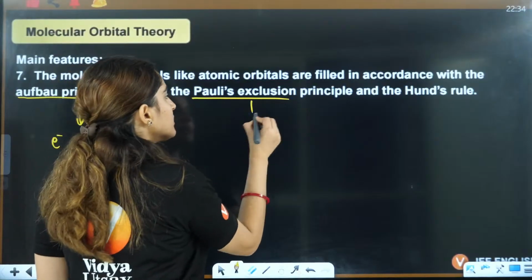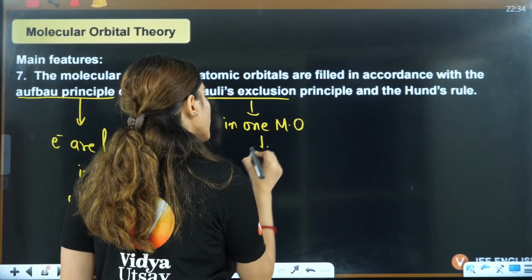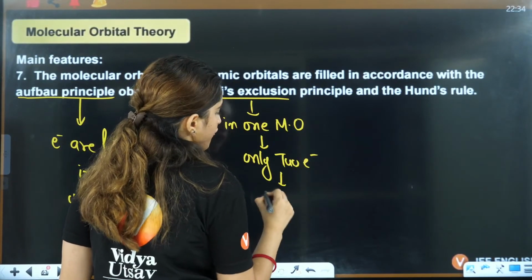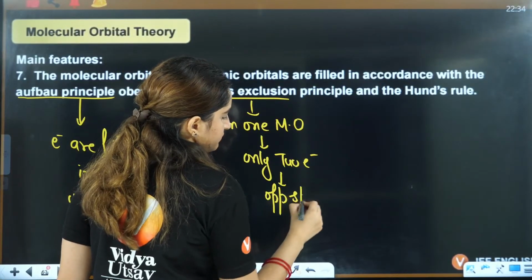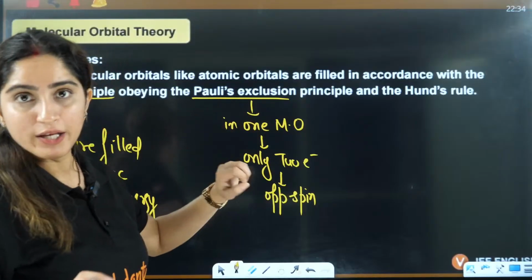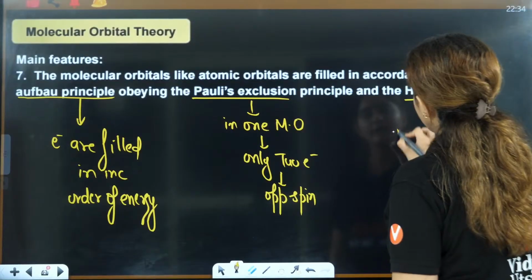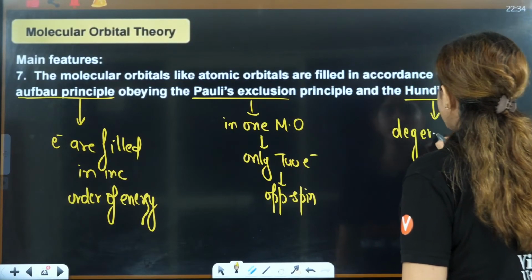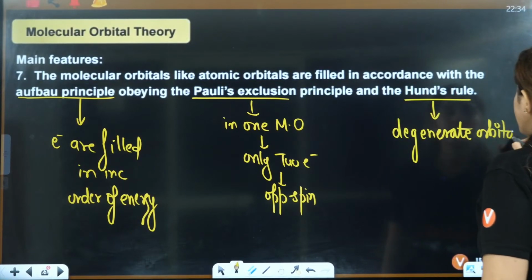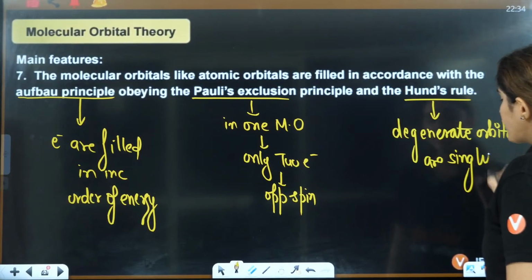Pauli exclusion means in one molecular orbital only two electrons of opposite spin. That is your Pauli exclusion. Hund's law means, firstly, degenerate orbitals are singly filled. First you will singly fill all the orbitals.